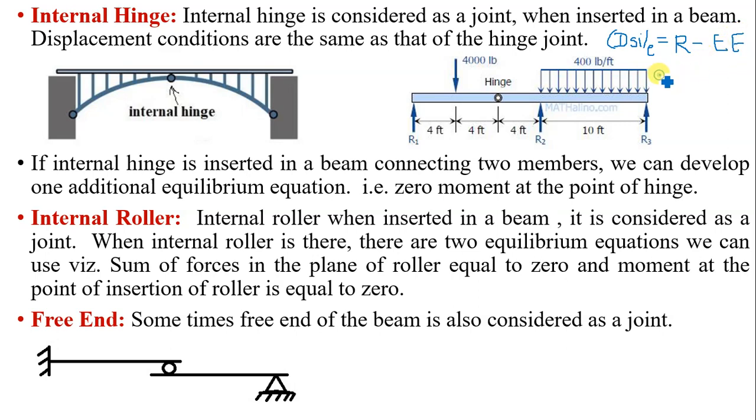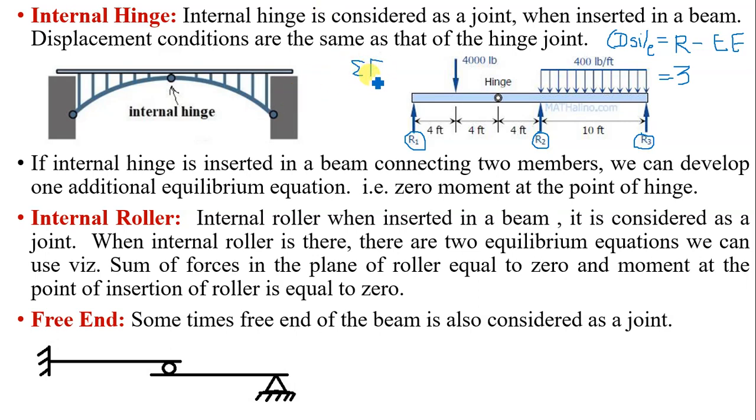R means how many unknown reactions are there? R1, R2, R3. So unknown reactions are 3.